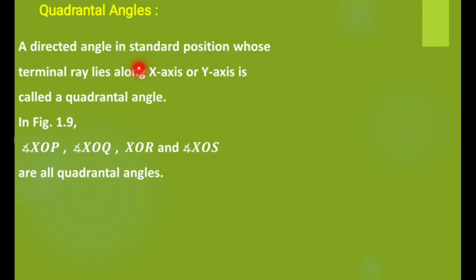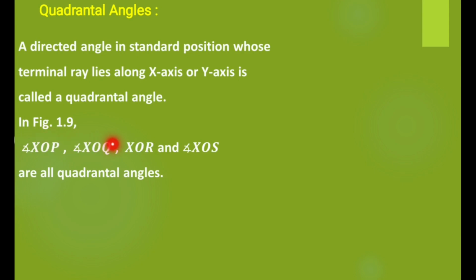Now see here, a directed angle in standard position whose terminal ray lies along the x-axis or y-axis is called a quadrantal angle. That means for quadrantal angles we require the terminal ray on the x-axis or on the y-axis.